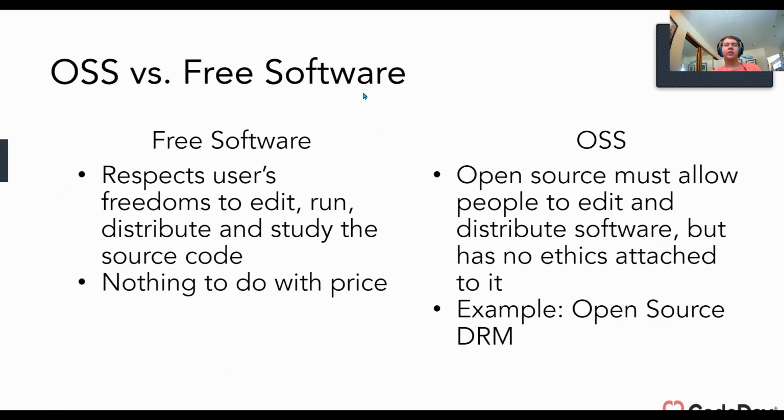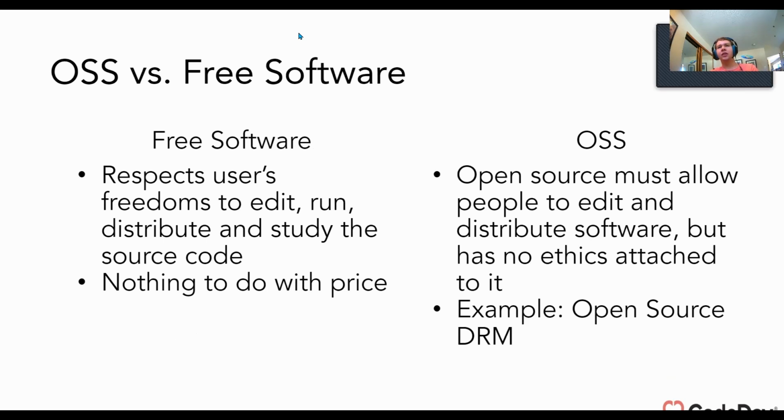One of the differentiations I want to make is the difference between free software and open source software. There are two very different trains of thought within the free software and open software community. You can almost think of them as the political parties of software development. The thing about free software is that not only does it need to have all the aspects of open source software, such as the freedoms to edit, run, distribute, and study the code, it also has to revolve around free principles.